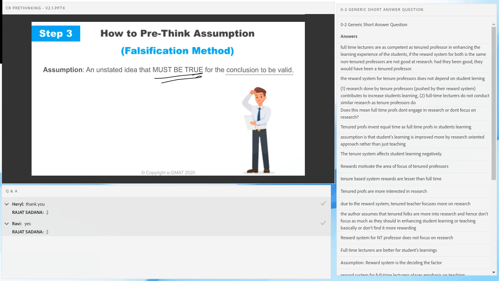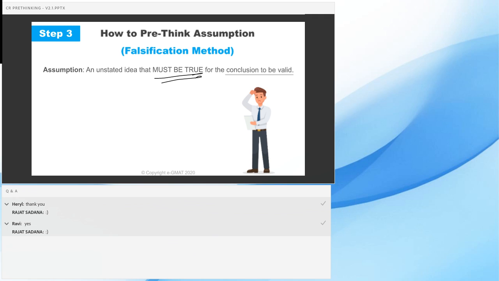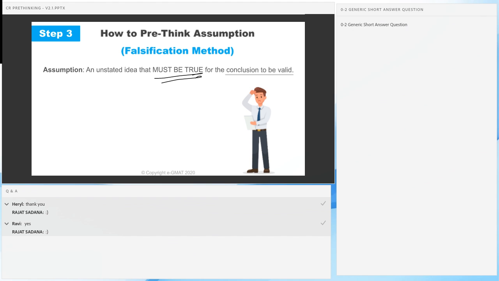Now, if you go back to that visualization where we had this essential pillar which was keeping the roof upright, or preventing the roof from falling down, your assumption essentially was that essential pillar. Now, what would happen if you remove that essential pillar? The roof would cave in. Or in other words, without the assumption, the conclusion will break down.